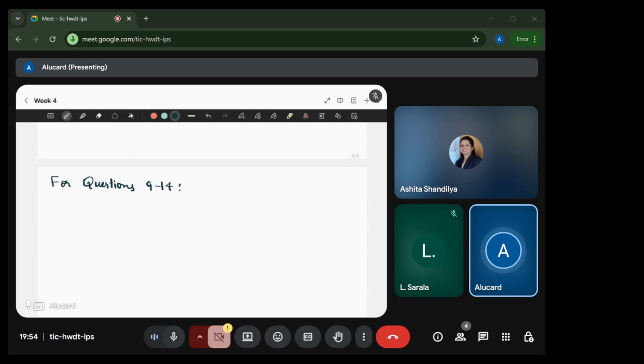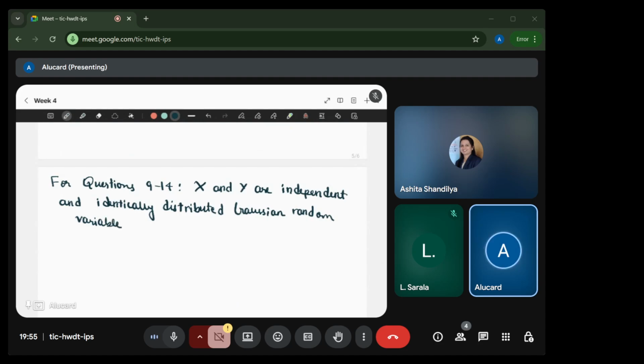In one of the lectures, we saw how to find the distribution of v equal to square root of x square plus y square, where x and y were independent and identically distributed Gaussian random variables with zero mean and variance sigma square.